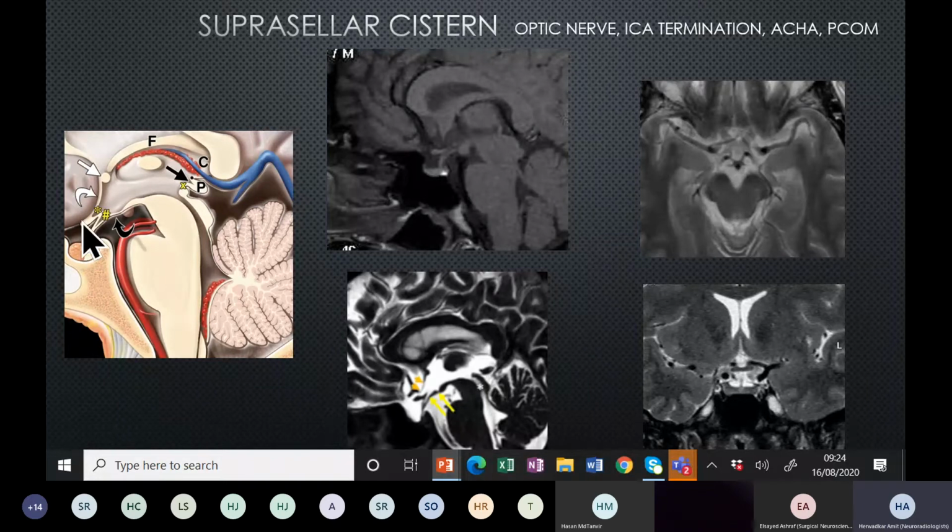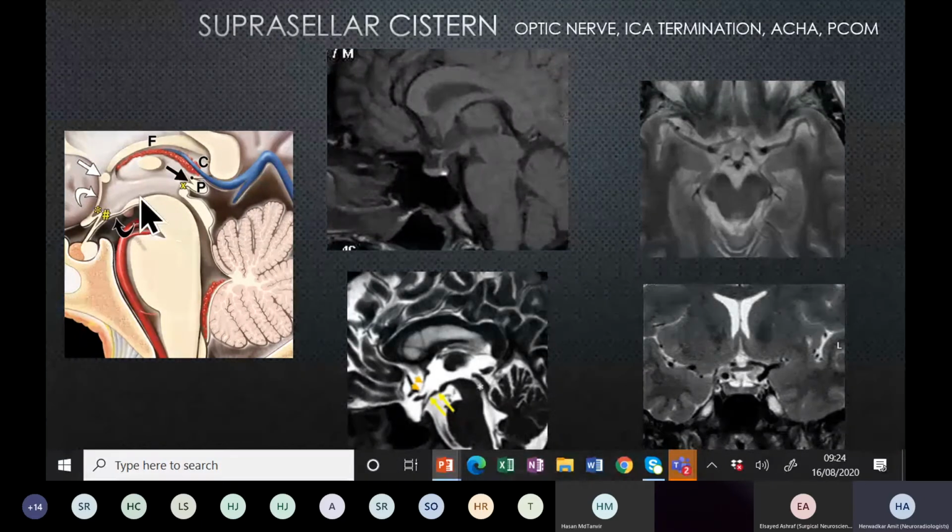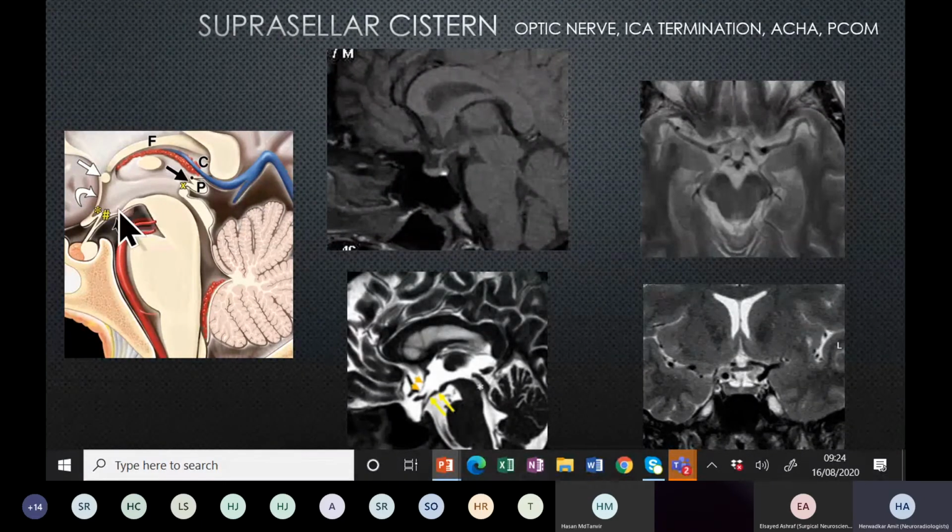Again, the anatomy, just to remind us, this is the pituitary gland, this is the sella, the suprasellar cistern over here, the brainstem, and the structure over here, which runs kind of parallel, is the floor of the third ventricle. So the third ventricle is all of this space over here.